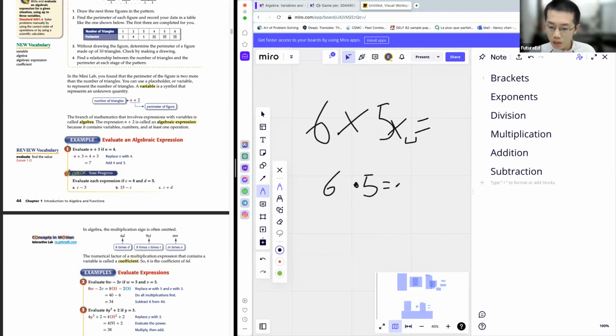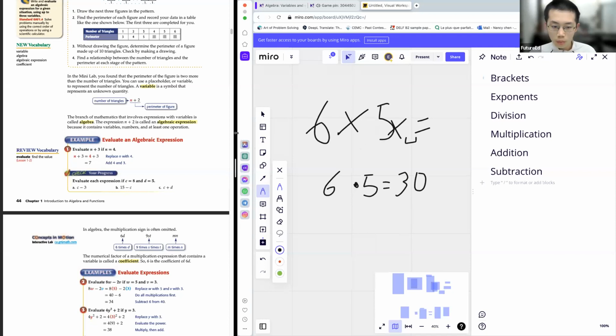That way it's less confusing, and you know that 6.5 it's just 6 times 5 or 30, right? The dot has other meanings, but for our purposes, it's a clearer way to show that it's multiplication and not a variable x.